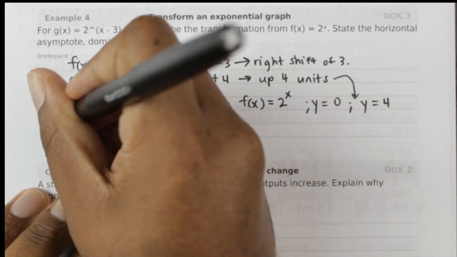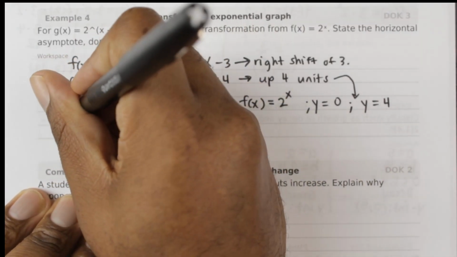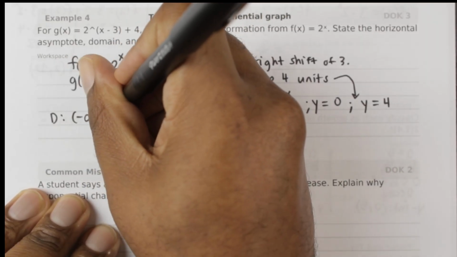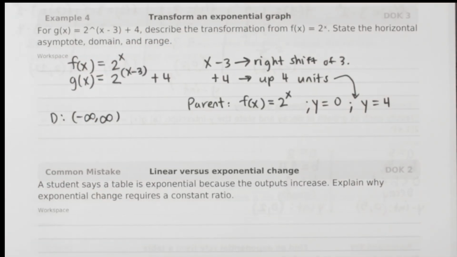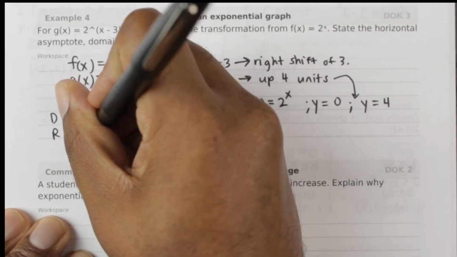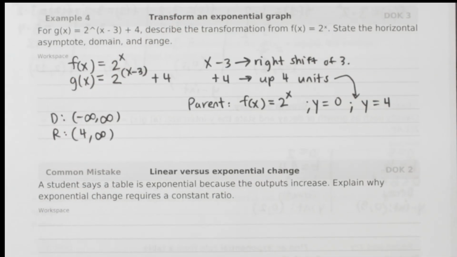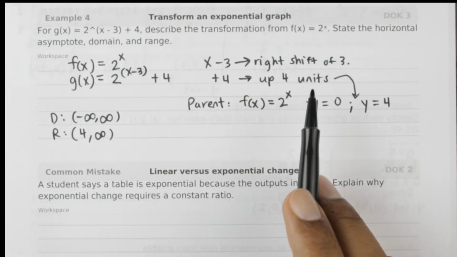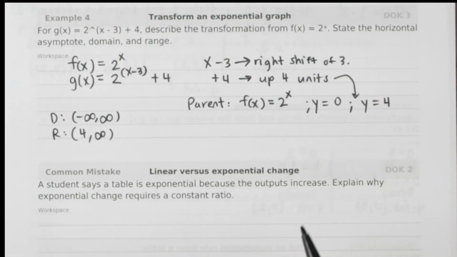So the domain is negative infinity to positive infinity, no restrictions, so it's all real numbers. And since the graph was shifted up, the outputs are greater than 4, right? So the range is 4 to infinity. The graph is shifted to the right 3 units, then shifted up 4 units. Then it has an asymptote of y equals 4, and the range is greater than 4.